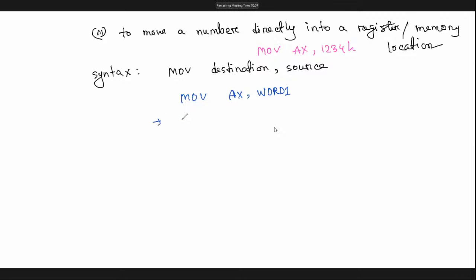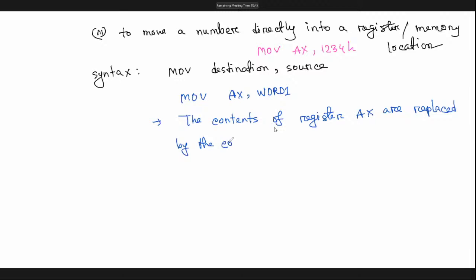So two things will happen. First, the contents of register AX are replaced by the content of memory location WORD1.